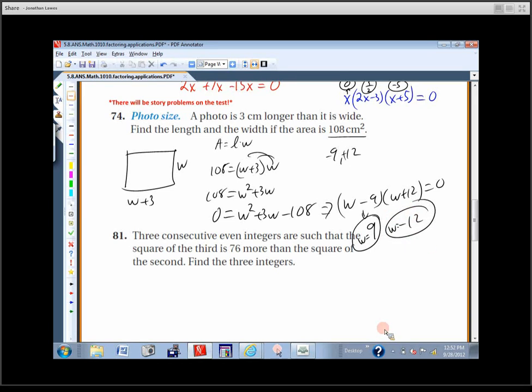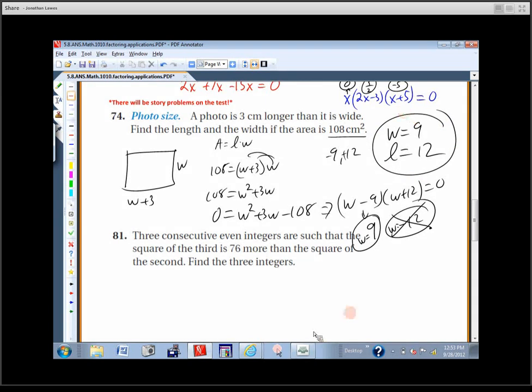Okay. Width is a length. It's a distance. So it's got to be positive. So we'll cross this one off. If you know the width is 9, then you know the length has got to be 3 more than that, so it's got to be 12. So no coincidence that those two numbers came up here. We select 9 for the answer, add 3 to that. There we go. Okay, any questions?